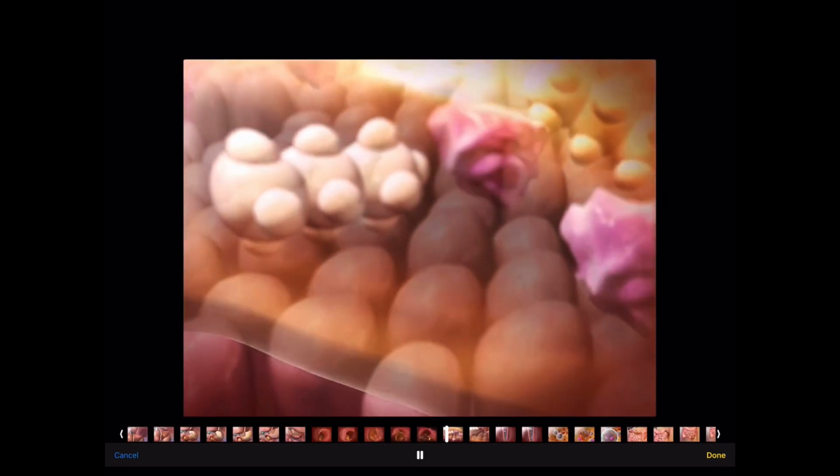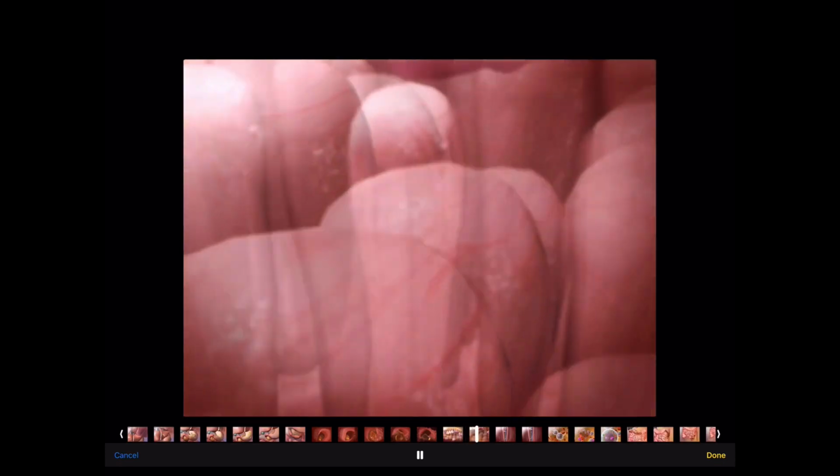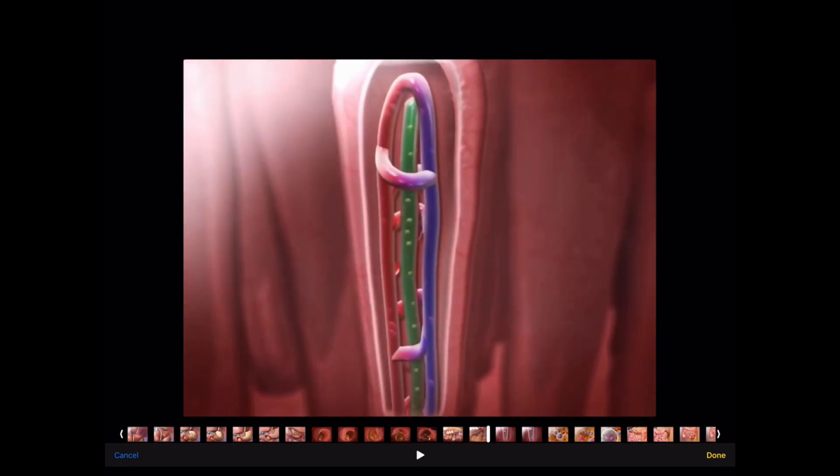And looking closer into the villi, you can see here that another important point about the villi is that they have a large blood supply, and this ensures that the nutrients are absorbed into the bloodstream in an efficient manner, as quickly as possible. If the villi did not have a large blood supply, the transport of the nutrients from the small intestine into the bloodstream and to be redistributed to the rest of the body would not be efficient.